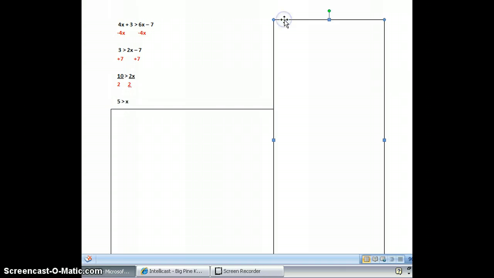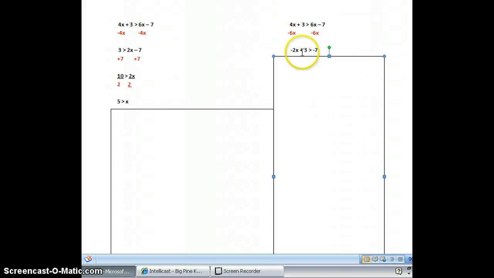Now let's say you just went the other way. Watch what happens here. If I said, well, I want my x's on the left side, so I'm going to subtract 6x from both sides. 4 minus 6 on the left gives me negative 2x plus 3 is greater than negative 7. Notice what happened.